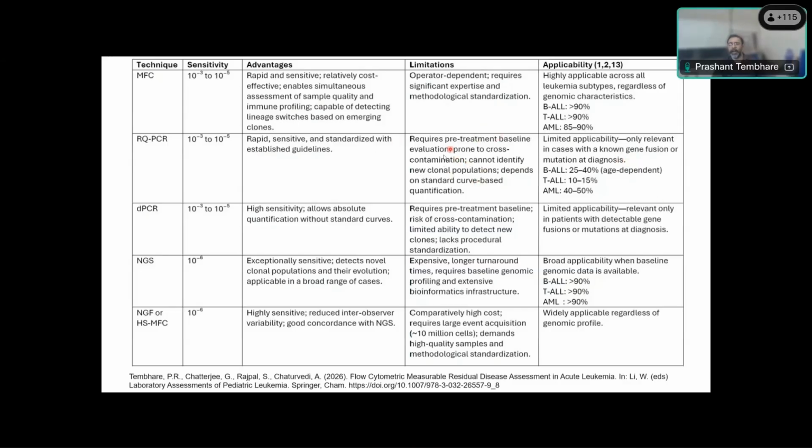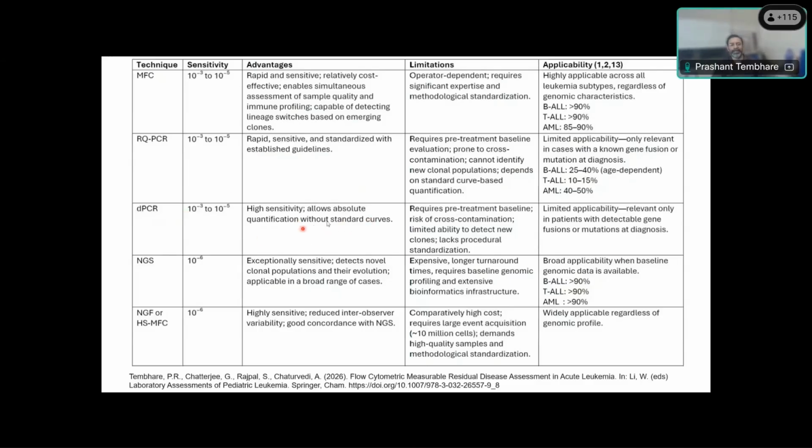Since qPCR is applicable only to a particular repetitive mutation or gene fusions, it is applicable to a subset of patients. It's not applicable to 100 or even more than 90% of patients. It's applicable to only a small part of patients. Similarly, ddPCR or droplet PCR is also highly sensitive.